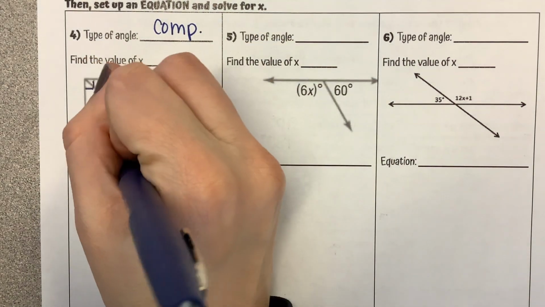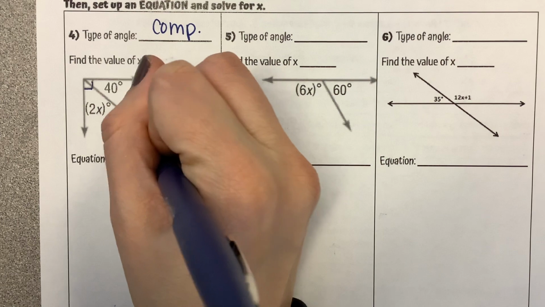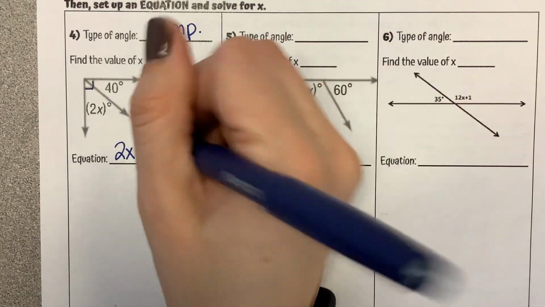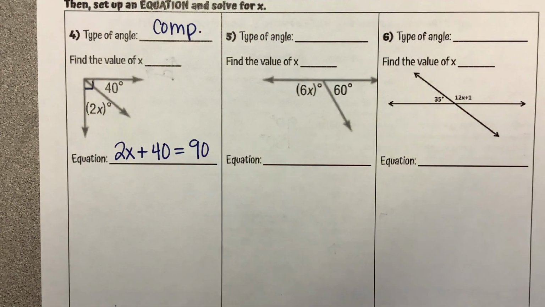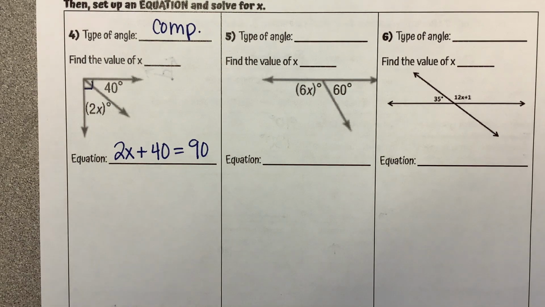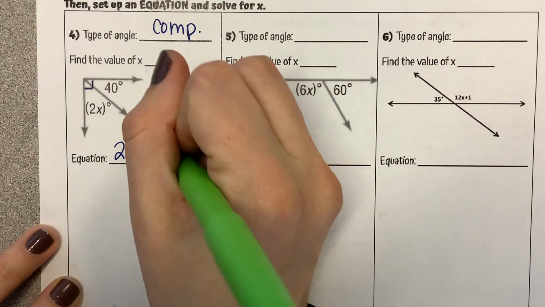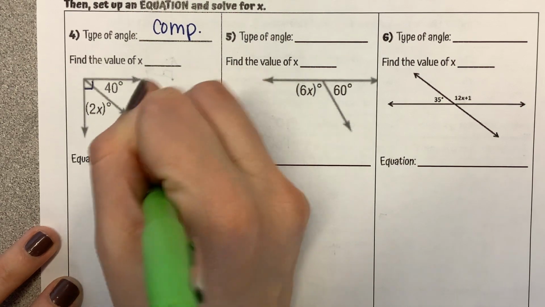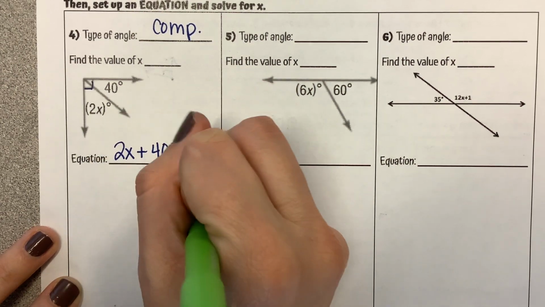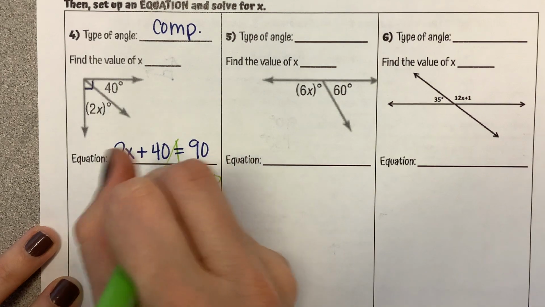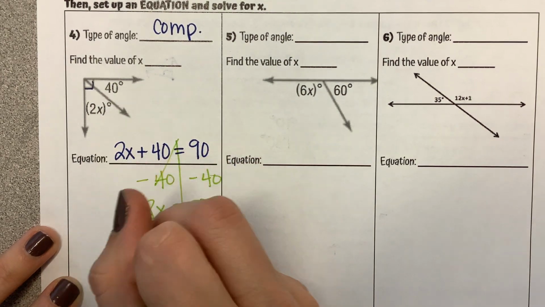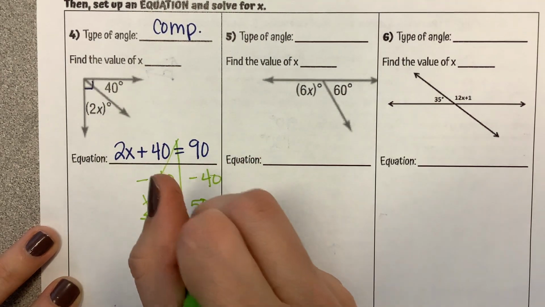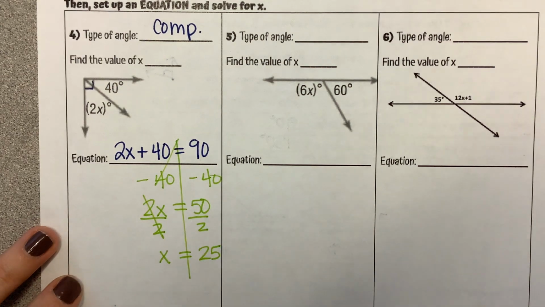I know we have the angle 2x plus our other angle of 40, and that equals 90 degrees because they're complementary. Now I'm going to solve that equation. So I'm subtracting 40 from each side. I get 2x is equal to 50. Divide by 2. I get x is equal to 25.